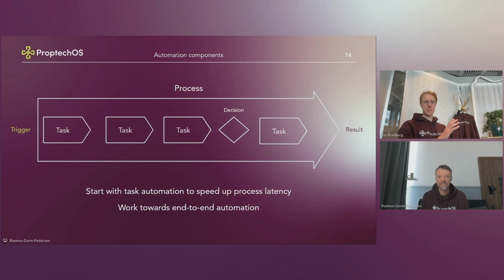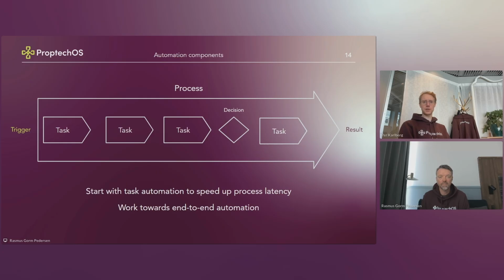But you have something that triggers something, whether it is something that should be done on a schedule, or conditions that change, or something incoming from externally. And then a workflow or a process will be a number of tasks where there is a handoff from one task to another.